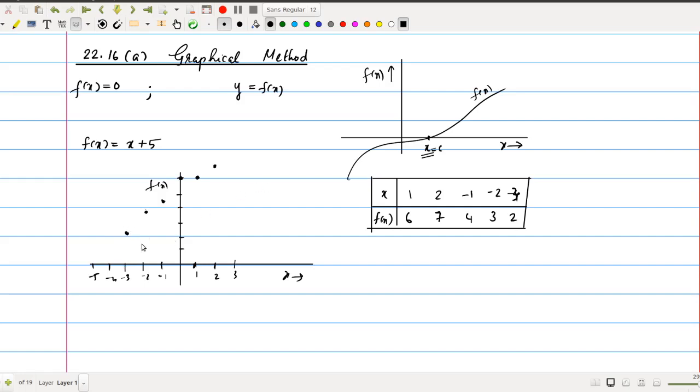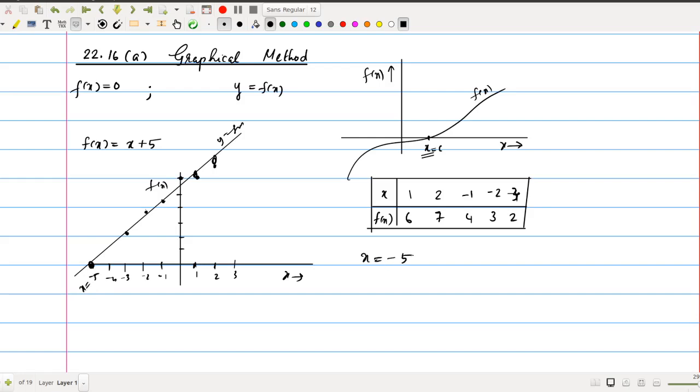Now you draw the graph of this, and you get a straight line like this, which passes through these points. Then at this point y equal to f of x intersects the x-axis, and the corresponding x value, that's the abscissa, is x equal to minus 5.